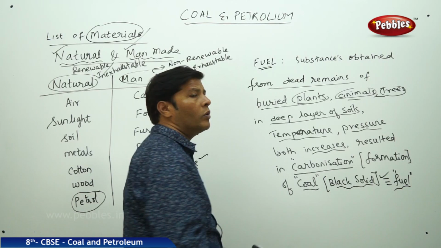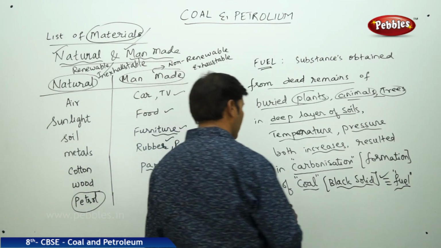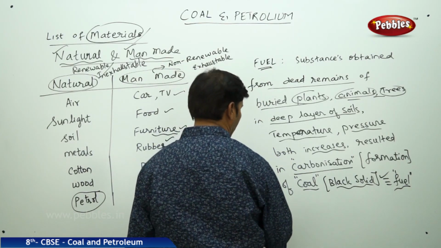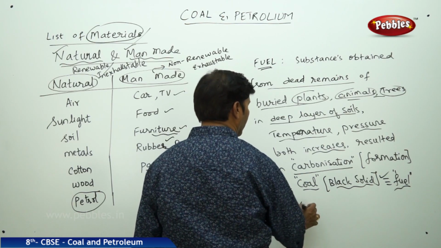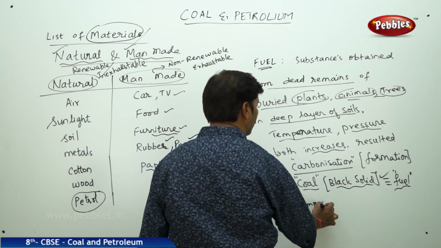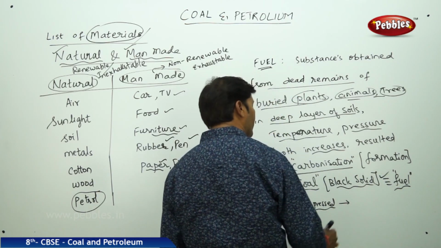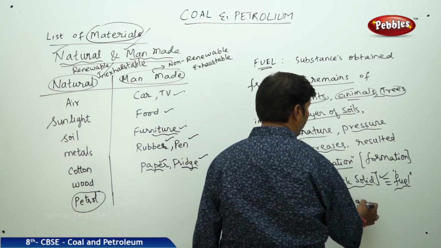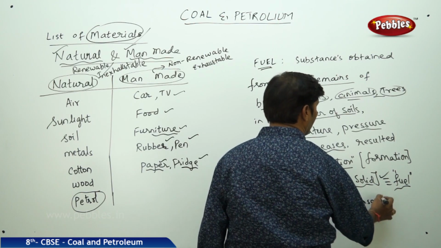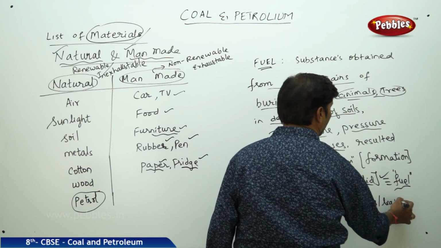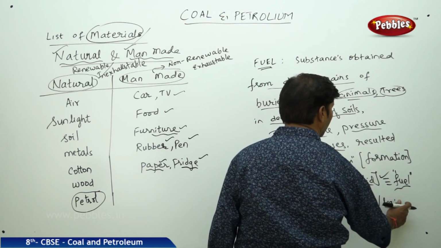I mean to say, this fuel has been compressed for millions of years. Because of the compression, we have found that plenty of gases, liquids and solids have been produced.